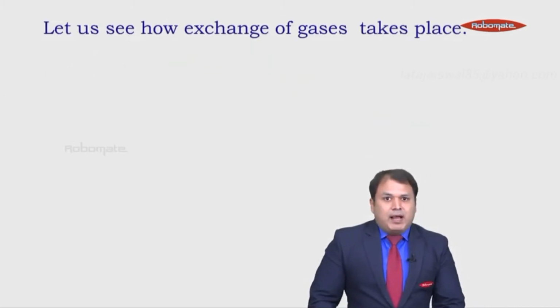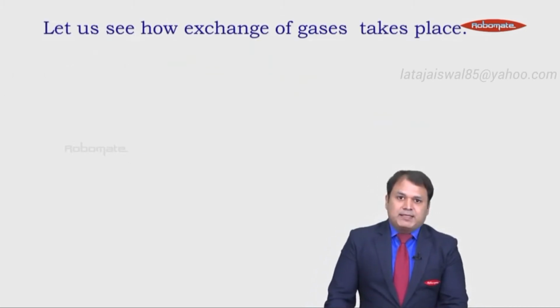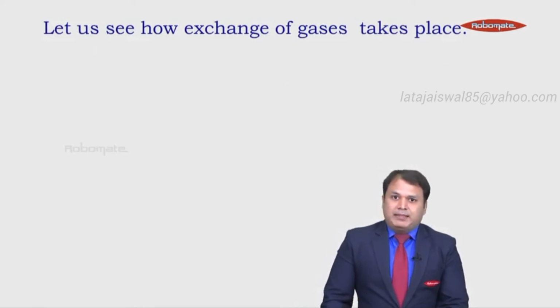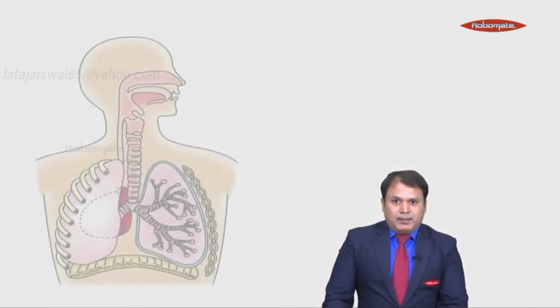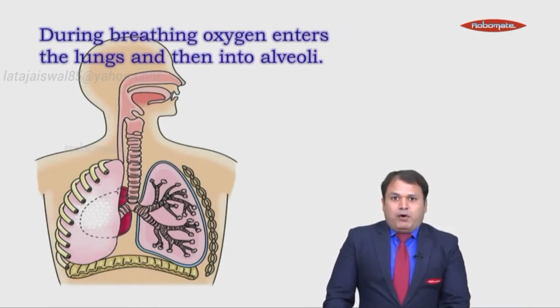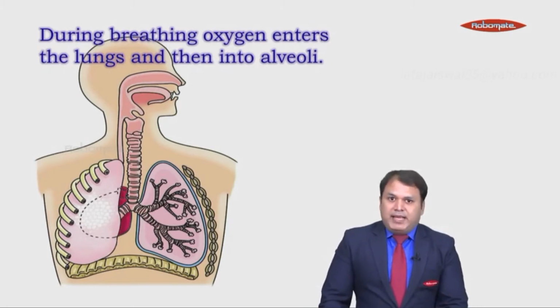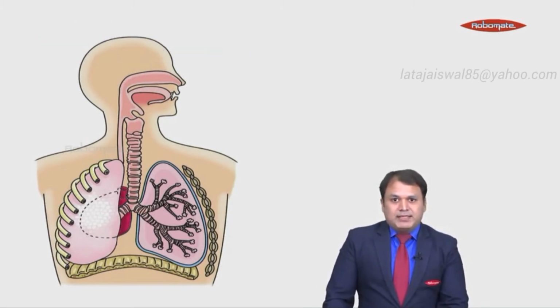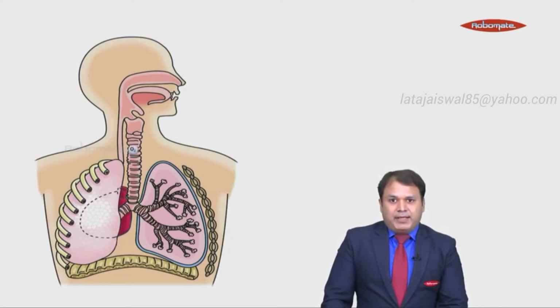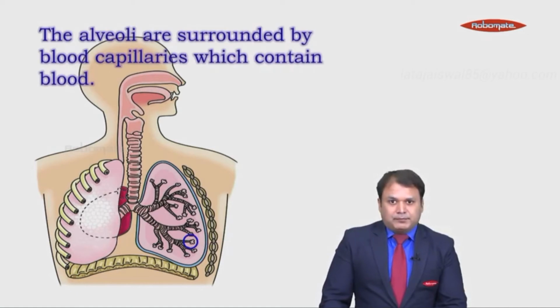So now let us see how exchange of gases takes place between the alveoli and the blood capillaries. During breathing, oxygen enters the lungs and then into the alveoli. So you can see oxygen entering the lungs, and from the lungs it enters into the alveoli.